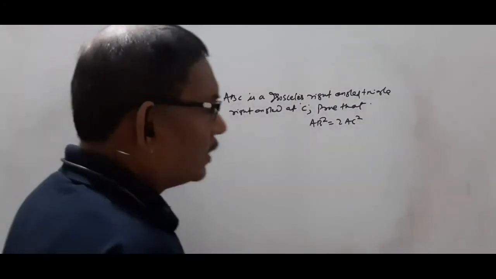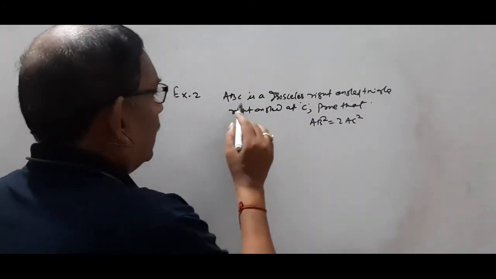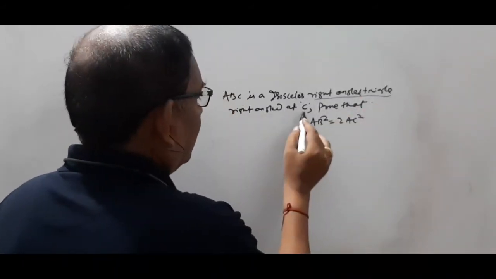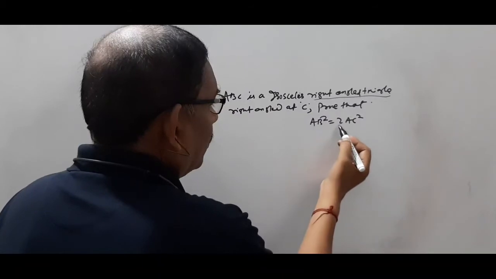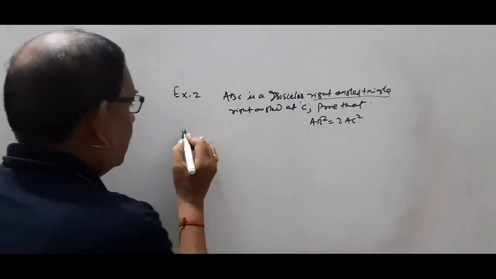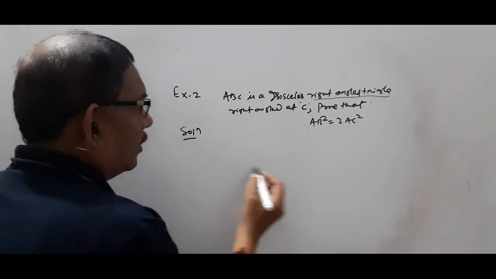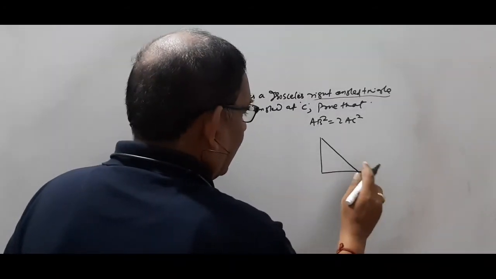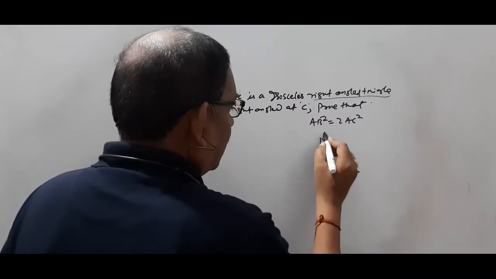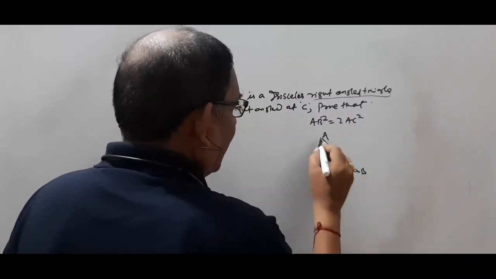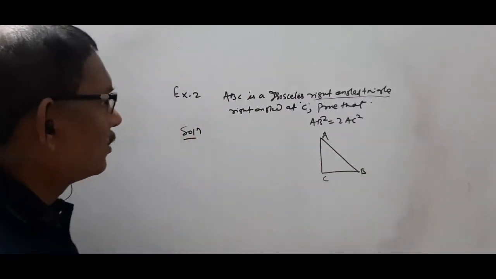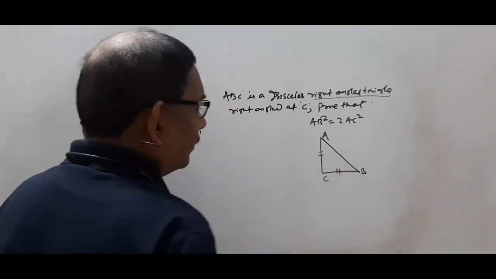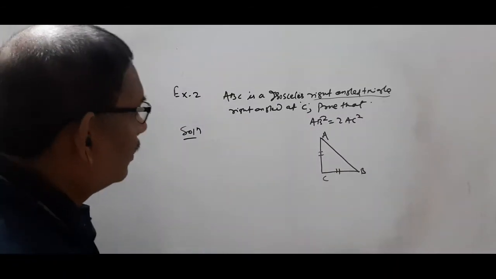Now take another example based on Pythagoras theorem. ABC is an isosceles right angle triangle. Right angle at point C. Prove that AB square equal to twice of AC square. The solution. Draw a diagram here. It is right angle at point C. That is your AB. As it is your isosceles right angle triangle, here AC is equal to BC. Clear?